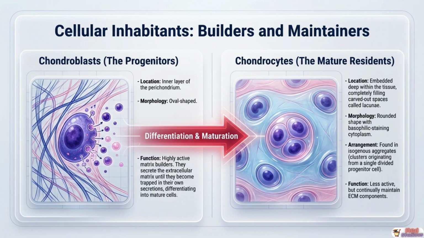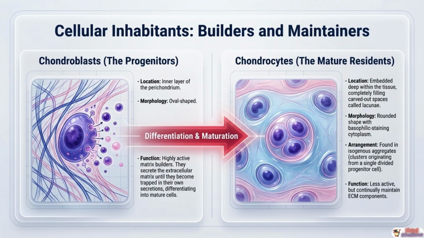They synthesize and secrete all of the components of the extracellular matrix: type 2 collagen, proteoglycans, hyaluronic acid, and glycosaminoglycans, releasing them into the surrounding space to build the cartilage matrix outward. Chondroblasts are oval-shaped cells with an active, large nucleus and abundant rough endoplasmic reticulum and Golgi apparatus, reflecting their intense secretory activity.